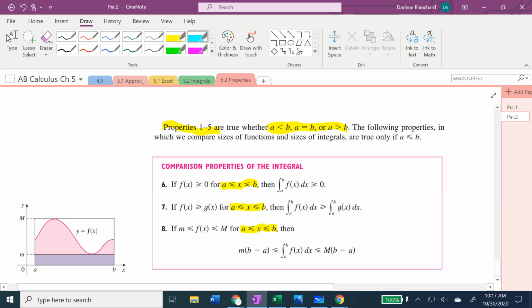Number 6, the first one, says basically, if your graph is above the x-axis and your a and your b are going in the proper order, you should expect a positive answer. You would only get equal to 0 if f of x was equal to 0.